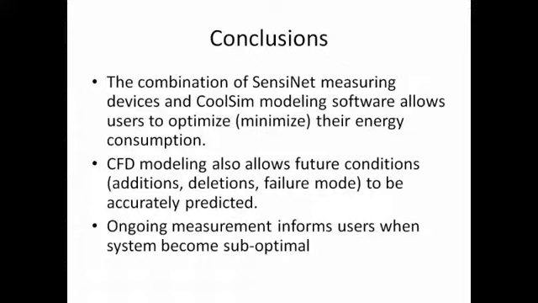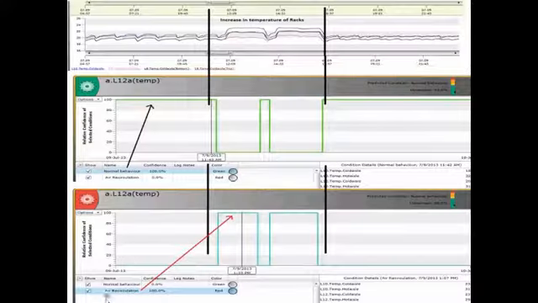And then again, using the sensors to measure what's going on in the room such that when it becomes suboptimal, you can again get out in front of it and see what's going on. And I believe you have some software under development here in that area. Is that correct? That's right.